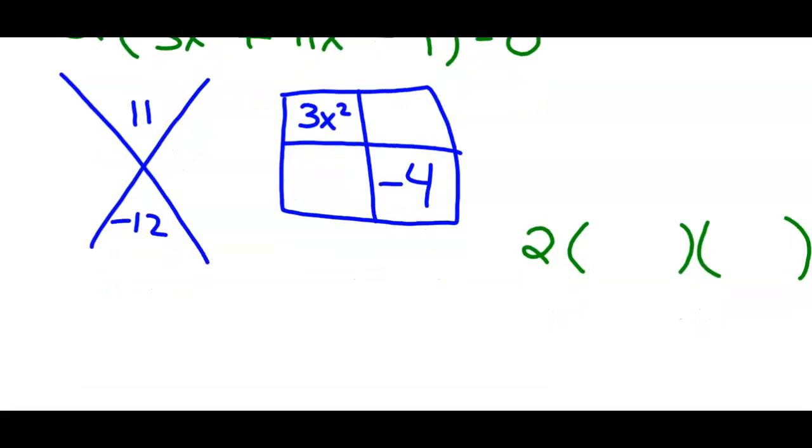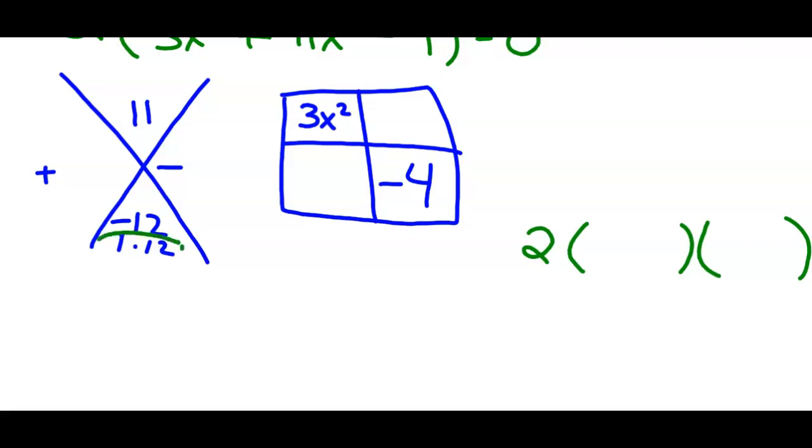Let's see. Are my signs going to be same or different? Different. Why? Because that's negative. Okay? So I've got 1 times 12. 2 times 6, 3 times 4. Do I need to go any further? No, I don't.